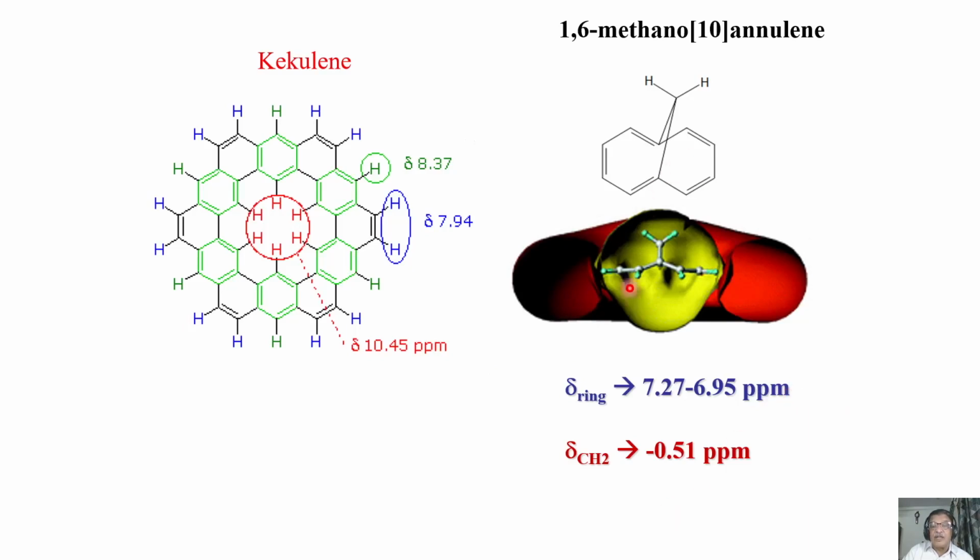See the difference. These two CH2 protons sitting above the plane of the ring get shielded so much that they go beyond TMS, and the ring protons come at 7.27 ppm.